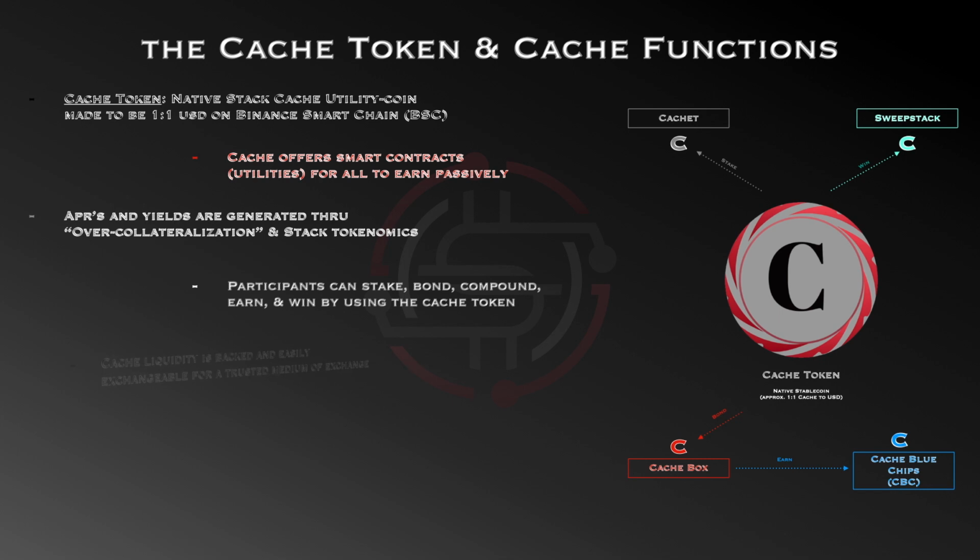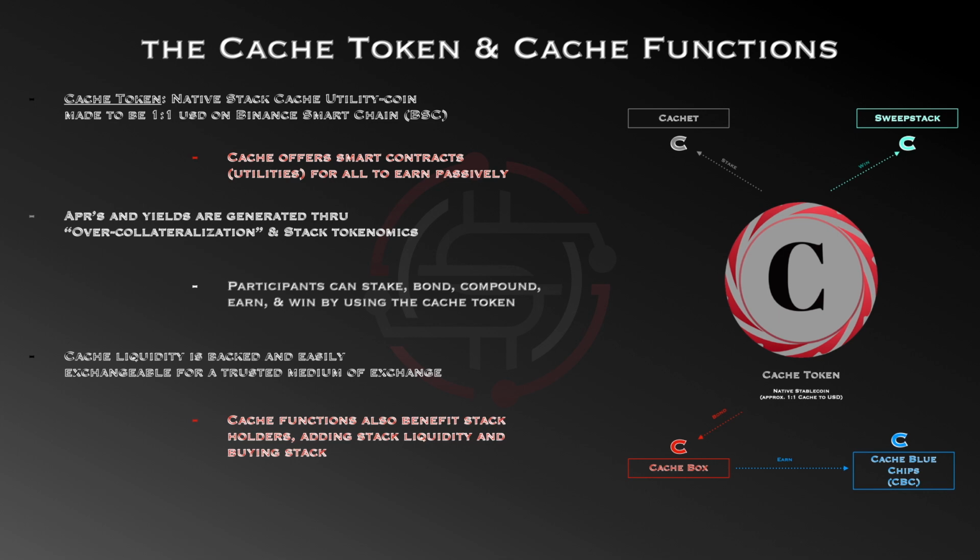Through multiple smart contracts, the Cash token allows participants to stake, bond, compound, earn, and even win by using it as a utility coin. The Cash token's liquidity is backed by the Cash USDC liquidity pairs, both on PancakeSwap and the Stack Cash DEX, allowing the Cash token to be liquid, or in other words, easy to sell, and easily exchangeable between parties for a trusted medium of exchange.